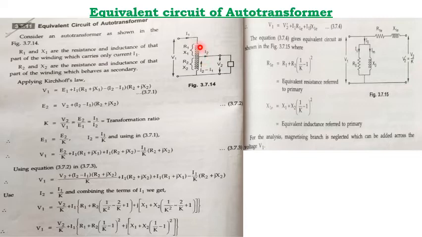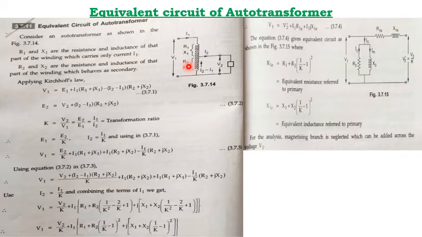This is considered as the primary winding, and this is considered as the secondary winding. The primary winding has resistance as well as reactance. So this is called the first winding, and this is called the second winding. The first winding resistance is R1 and its reactance is X1, and the second winding resistance is R2 and reactance is X2.